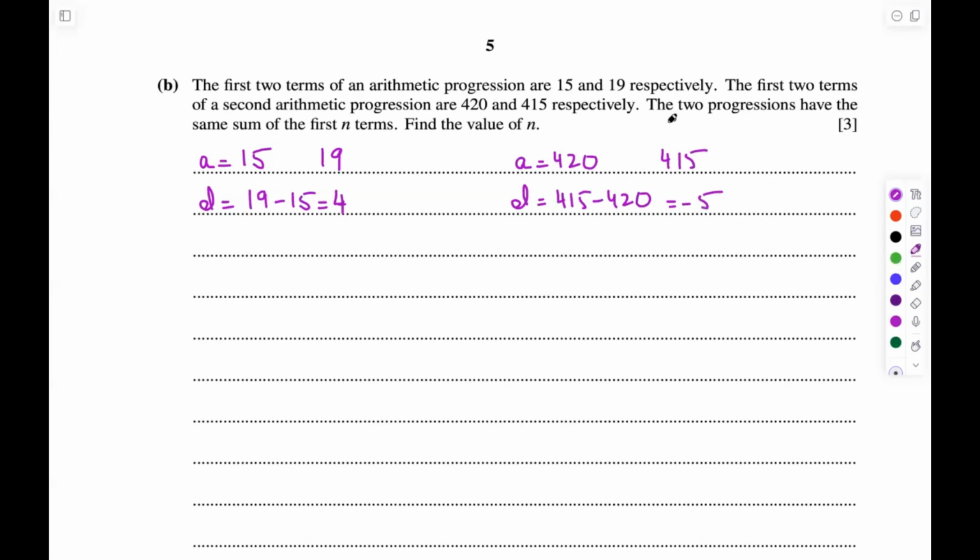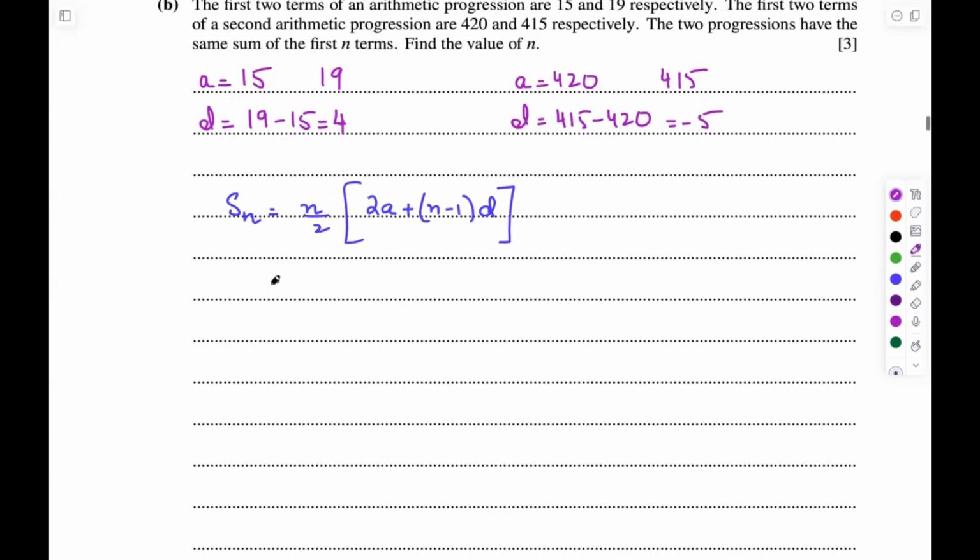Now, as they both have the same sum of the first n terms, the formula for the sum of n terms is n upon 2 into 2a plus n minus 1 into d. So substituting the values of a and d into the equation for the first progression, we'll leave n as it is.